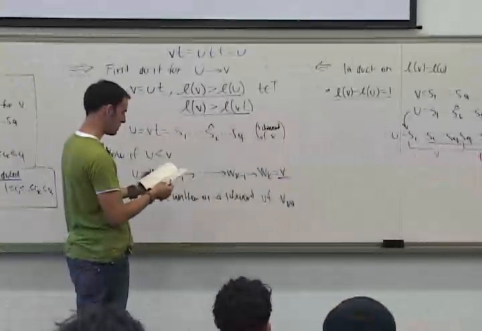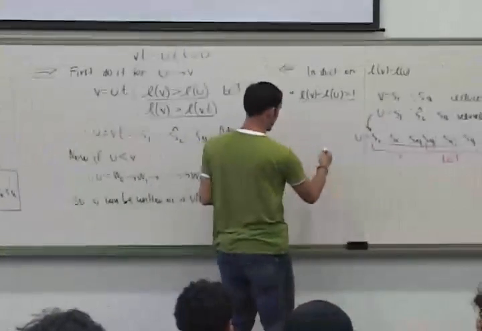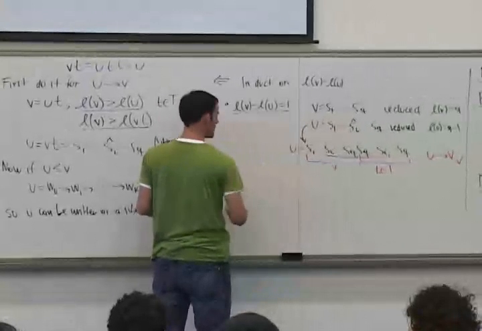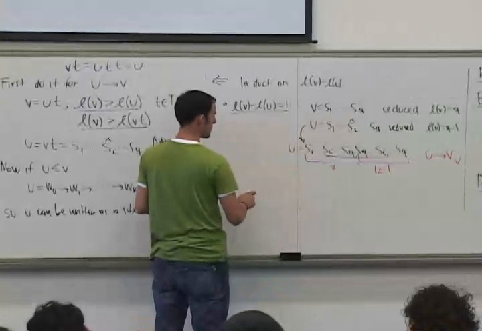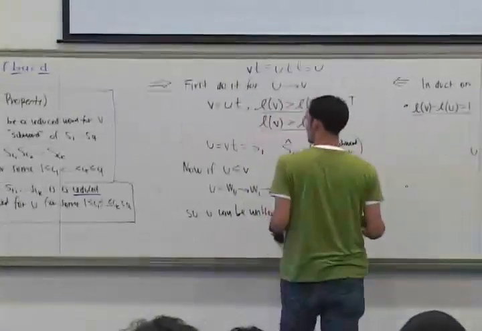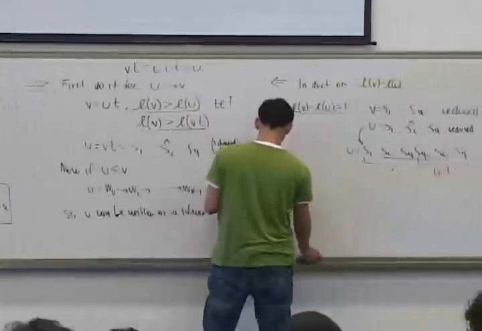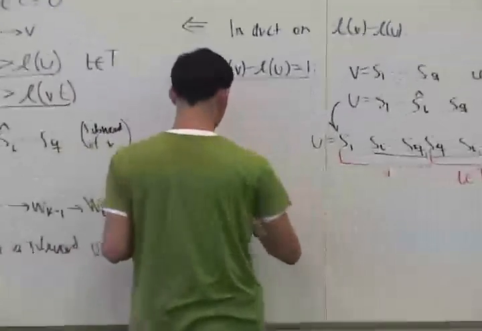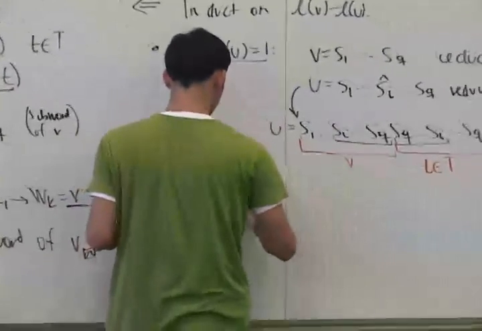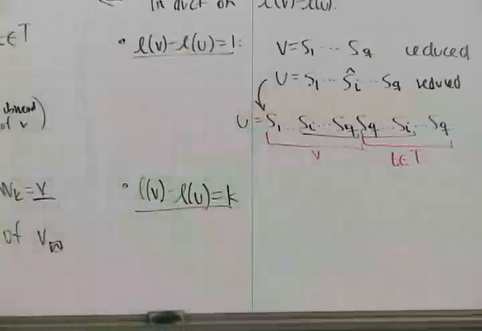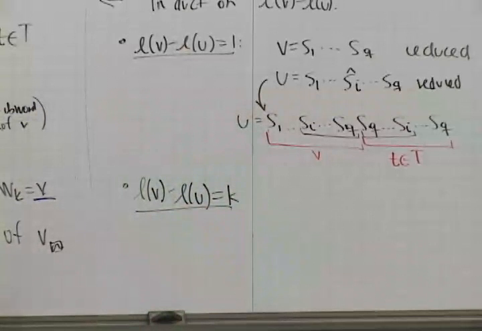Now I have to prove the induction. It's going to take some space, so maybe I should move somewhere else. Well, let's start here. So now let's assume that L of V minus L of U is equal to K. And I would like to make some kind of inductive argument.